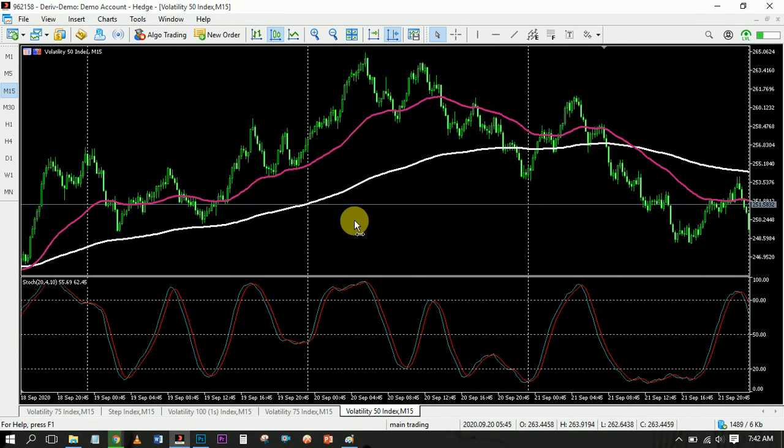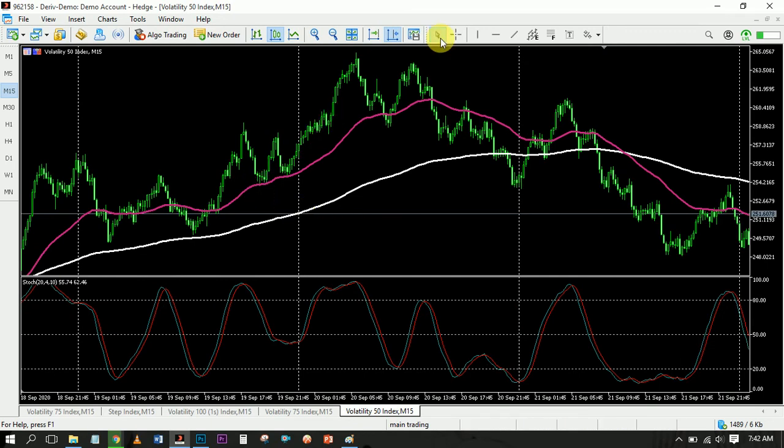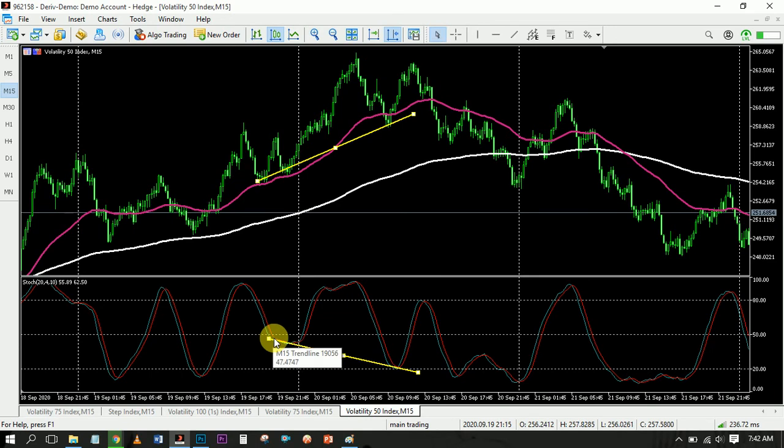Okay, all right, you can see something like this. Right here we have something like this, then here we have something like this. You can see this is moving up to show that the trend is upwards, but the corresponding levels on the stochastic are moving downwards.